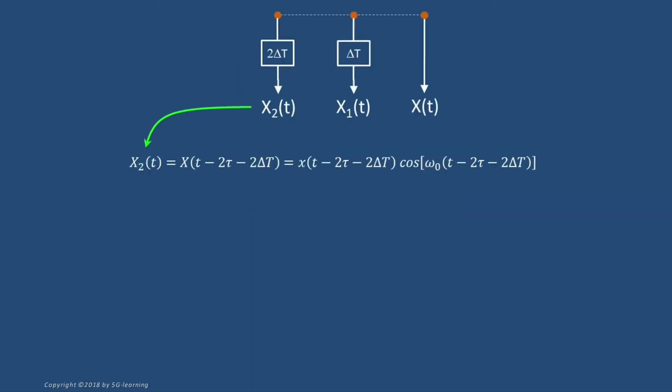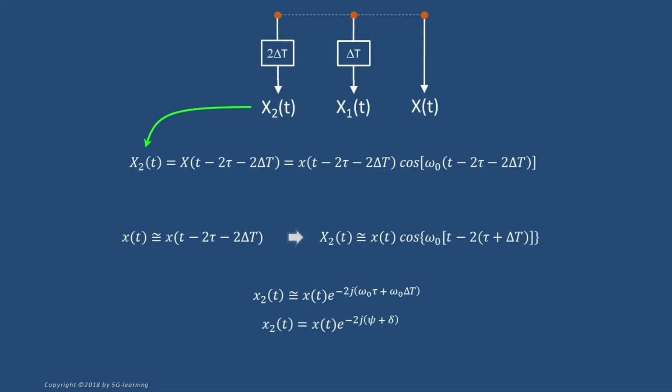Consider now the signal produced by element 2. It will be affected by 2 times the delay corresponding to element 1. Using the same bandwidth assumption mentioned in the previous slide, the expression corresponding to x2 of t may be simplified, resulting in the x2 of t expressions shown on the screen.